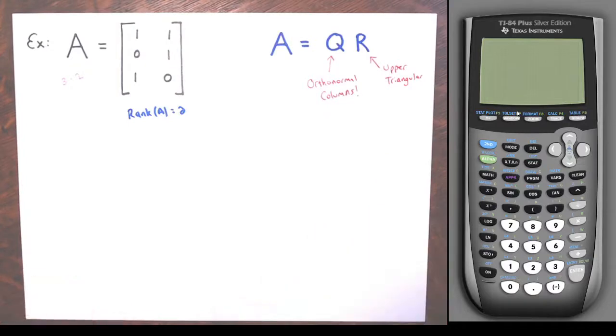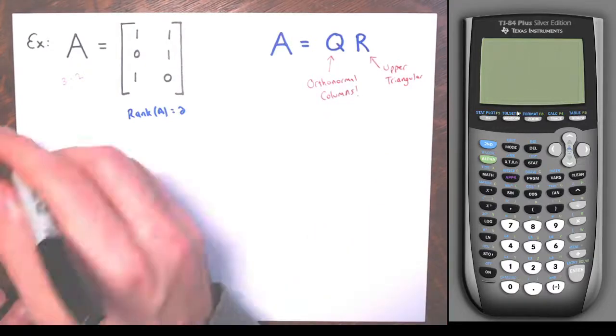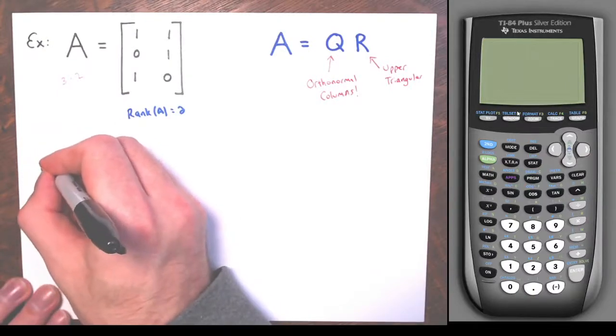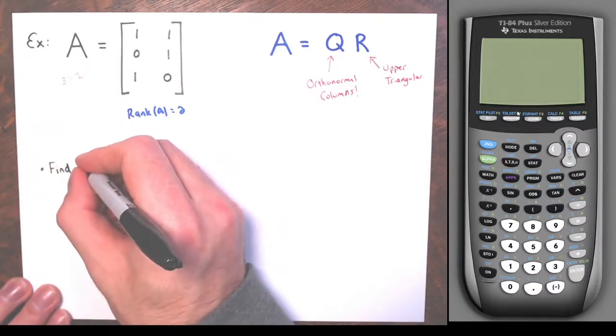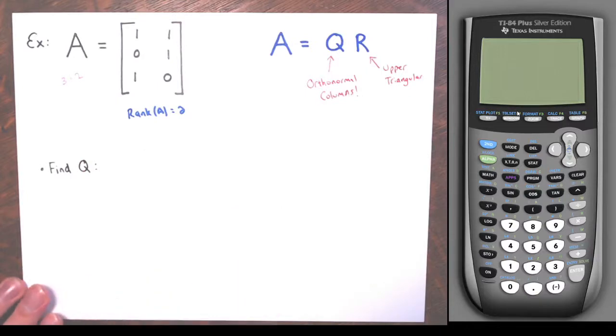So first I'm going to find Q, just like last time, using the Gram-Schmidt process.